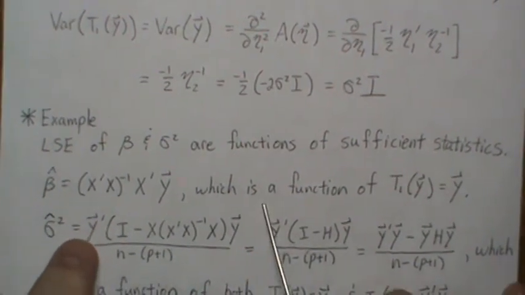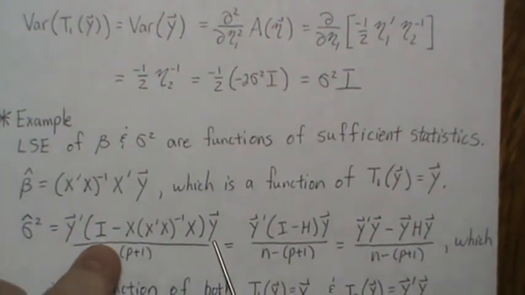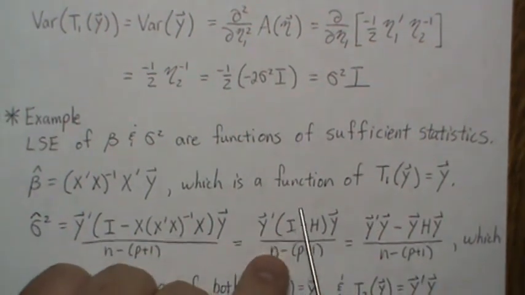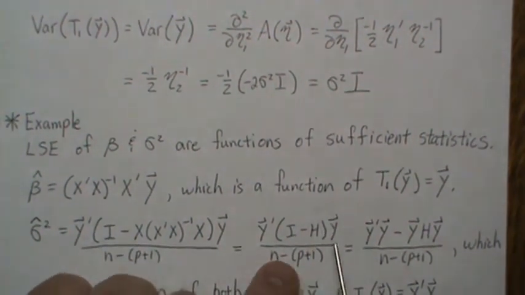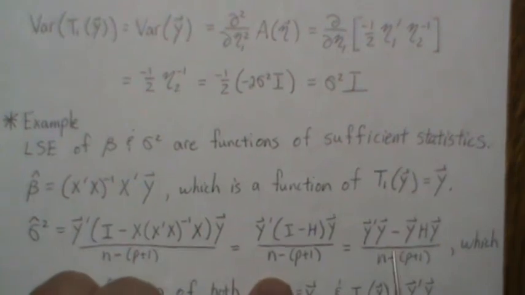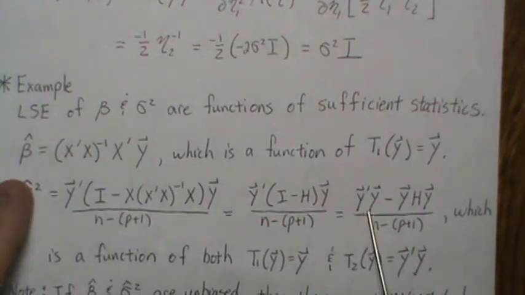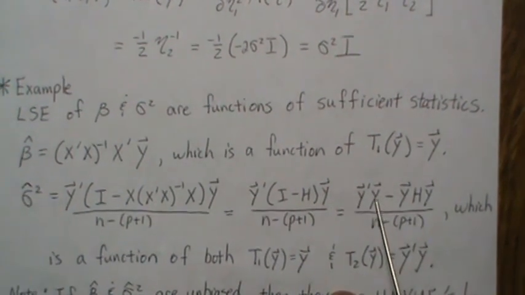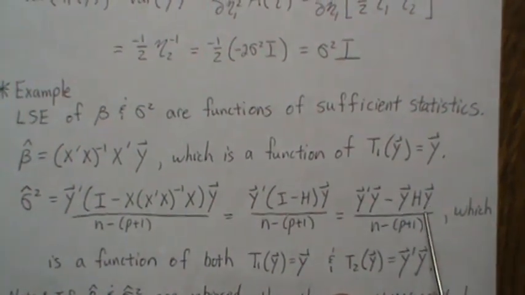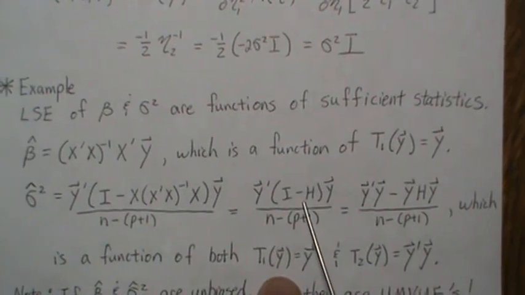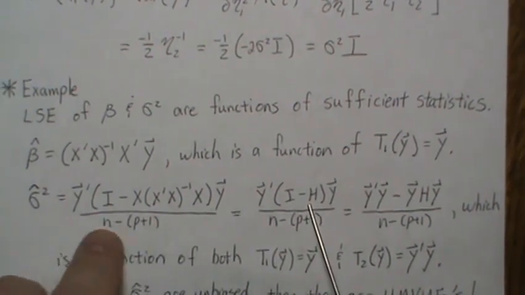And then I have a video in the playlist that shows that this can be written in quadratic form like this, and then when you multiply this in, it becomes this. And look, this is a function of our second sufficient statistic and our first sufficient statistic, right? Oh, H is the hat matrix here.